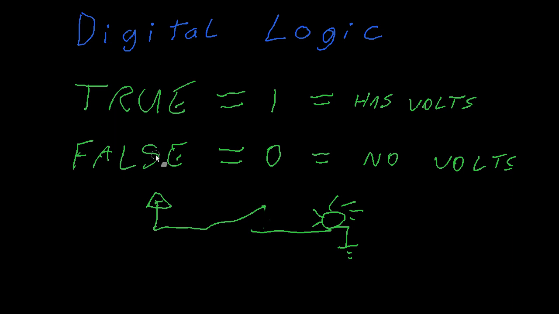An open switch is false, which is 0, which is no volts. There's no current reaching the light bulb, therefore there's no voltage reaching the light bulb. Okay. So that is the basis that we use for our circuitry in the computer.